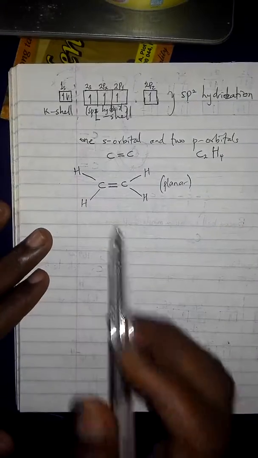That's what I mean by a plane. So that's a planar shape, and this is what it looks like. So it leads to the formation of a molecule with a planar shape, unlike sp3 hybridization, where the shape of the molecule is tetrahedral, three-dimensional.